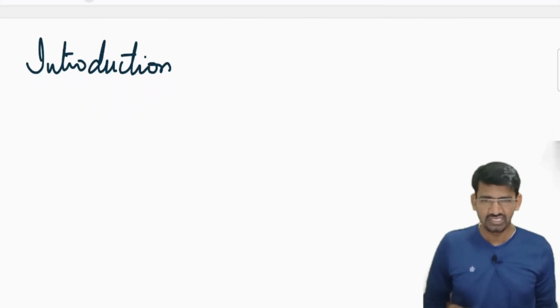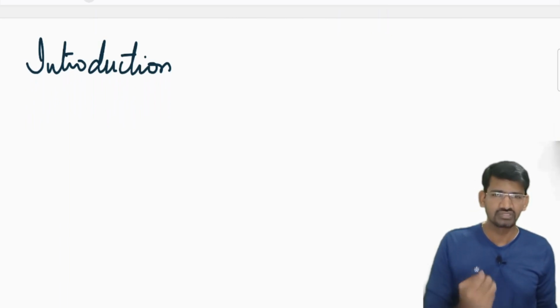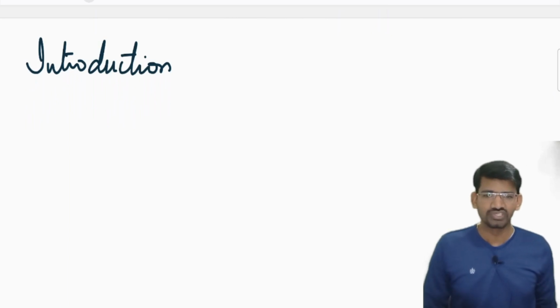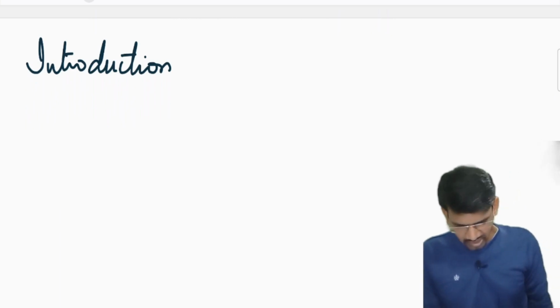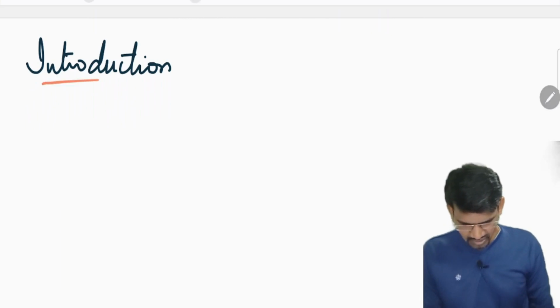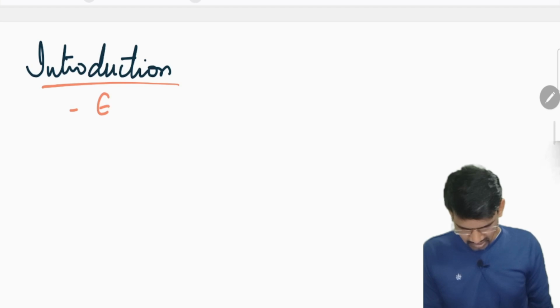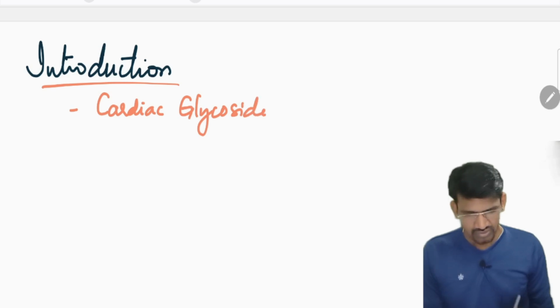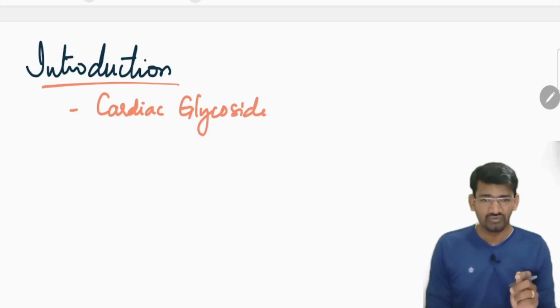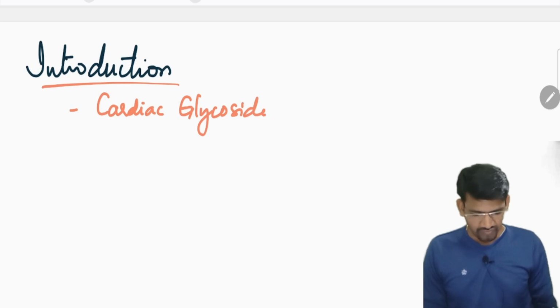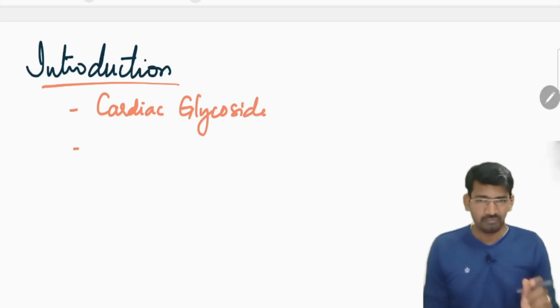To which family or group does this drug belong? This drug belongs to the cardiac glycosides, which are derived from a plant source.